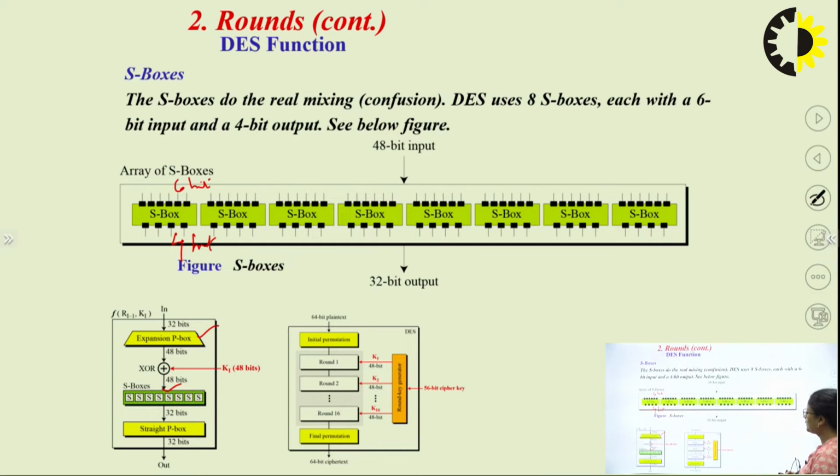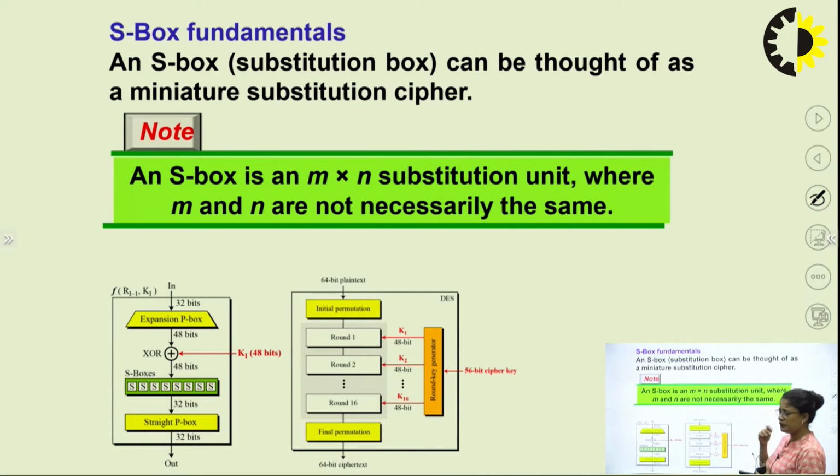Before I take up that method, let us brush up a little bit on the S-box concept. S-box is also called a substitution box. We can also say that it is a miniature substitution cipher.